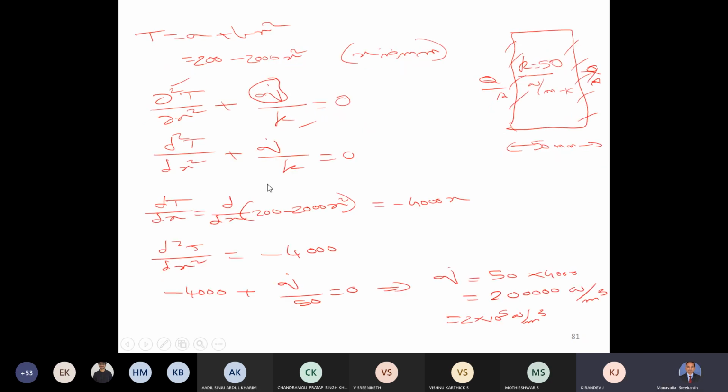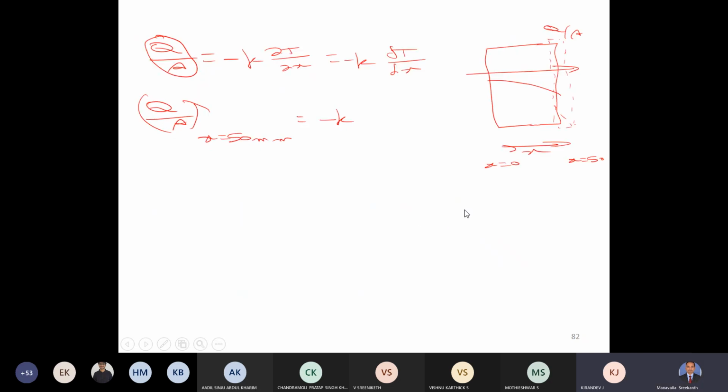We have dT by dx as minus 4000x. So it is equal to K multiplied by 4000x. This is a general formula.